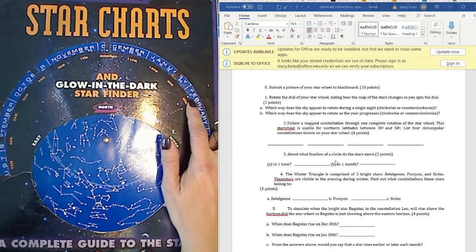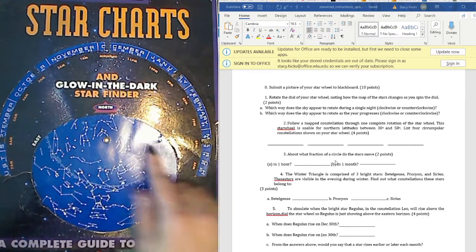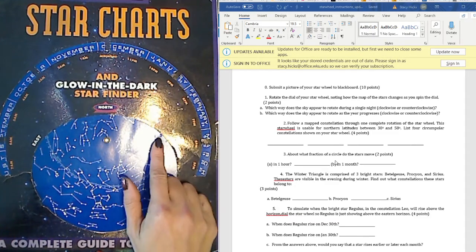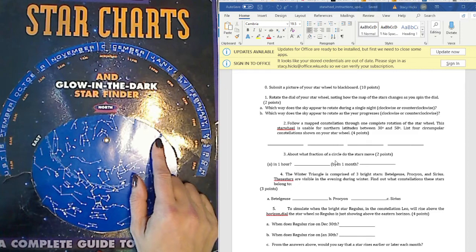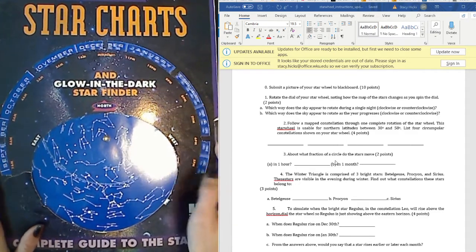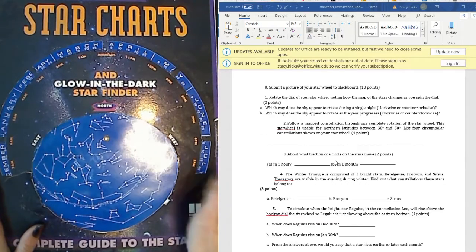At 8 p.m. tonight, this is what our sky is going to look like, right? Here's Pegasus, like this point, just setting in the west at 8 p.m., right? If we turn through one complete cycle, this represents 24 hours.